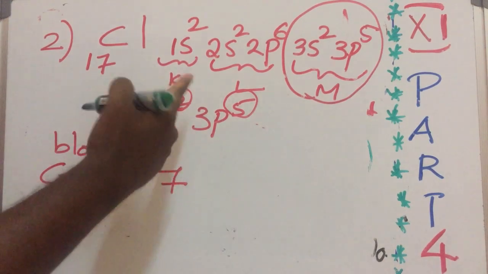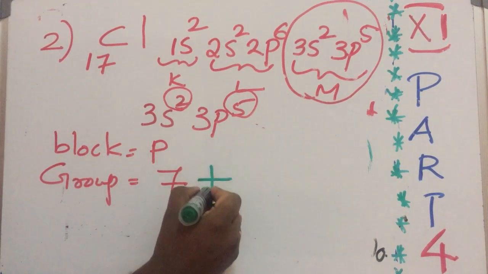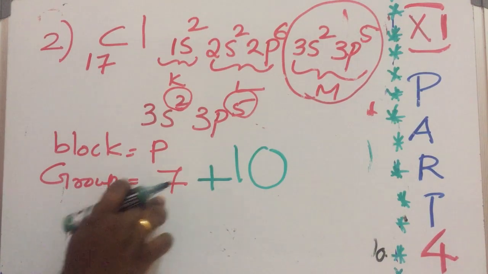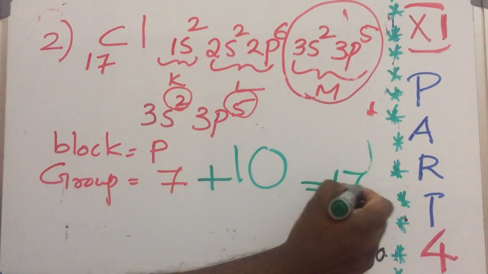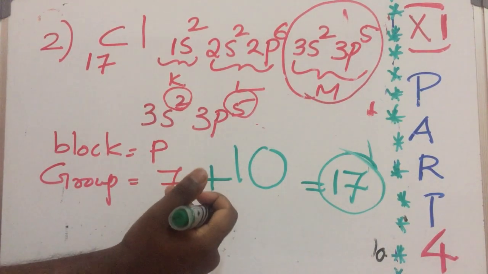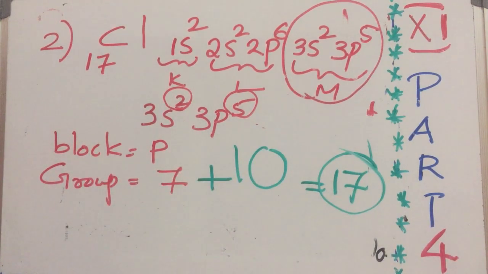If the element is from P block, always add 10 to the number of electrons. Then what will you get? 17. Clear? If element is from P block, add 10. S block, D block, F block, no need to add 10. Directly you can write the number of valence electrons.